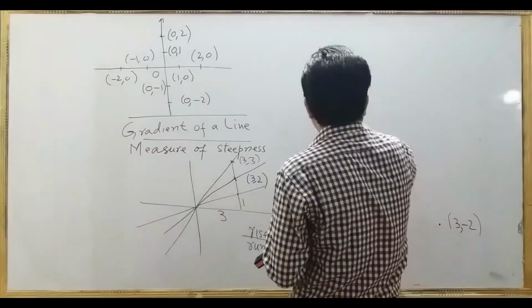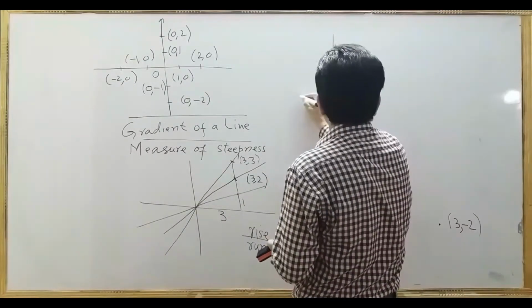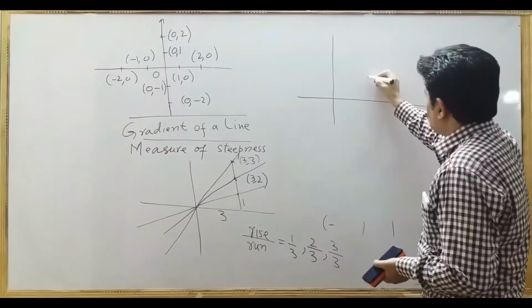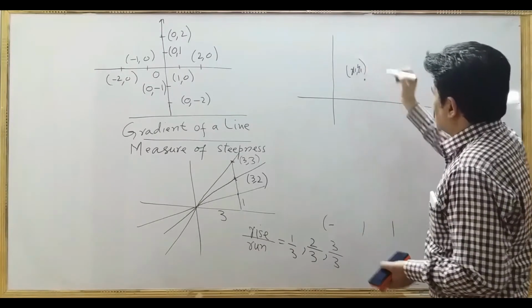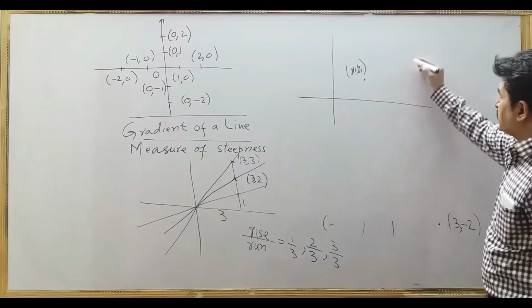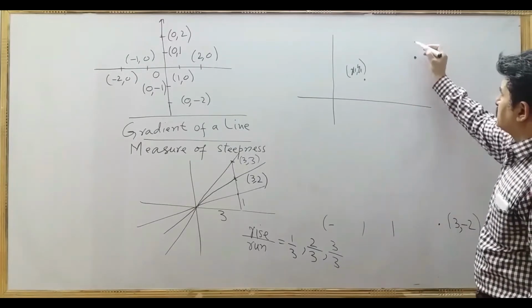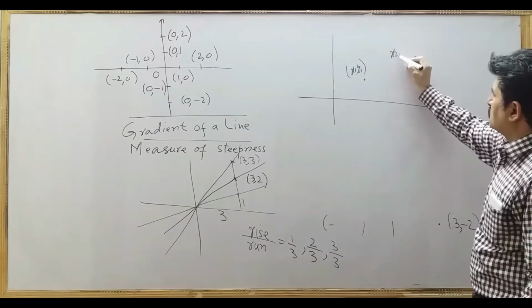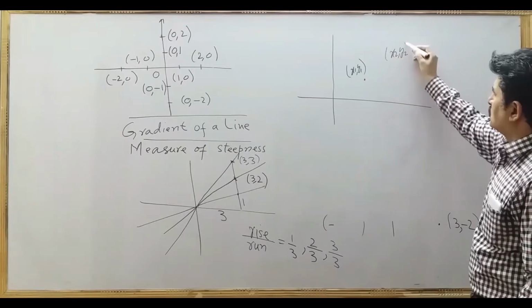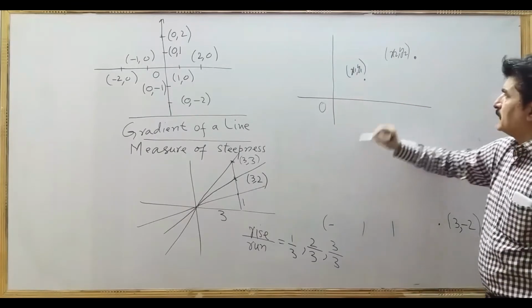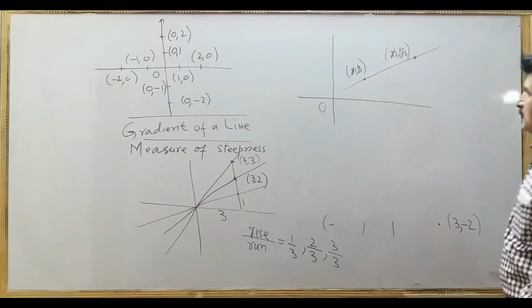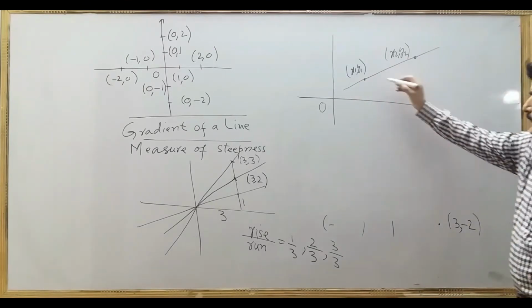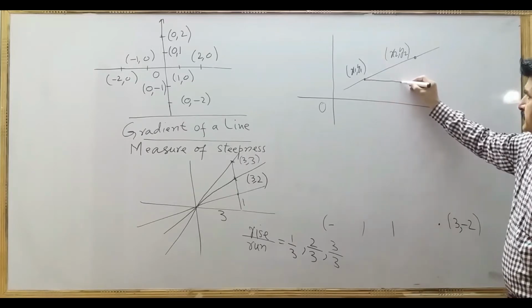So in terms of coordinates, we have 2 points, say (x1, y1). Another point is (x2, y2) in the xy plane. We want to find the gradient of this line. We make a triangle which is a right angle triangle.